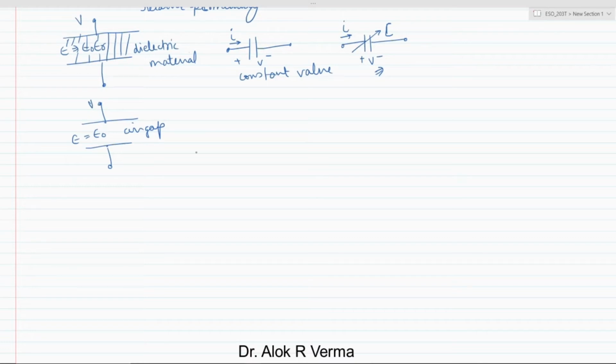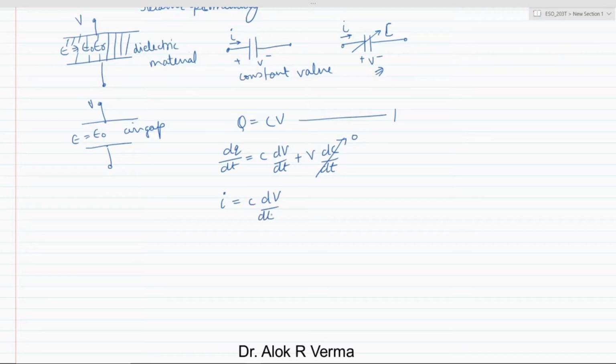To obtain the current-voltage relationship, we take the derivative of both sides. Q is equal to CV, from the earlier expression. Differentiating with respect to time, we get C dV/dt plus V dC/dt. We assume that the capacitance is constant, so the second term is zero and we can neglect it. So basically I equals C dV/dt.